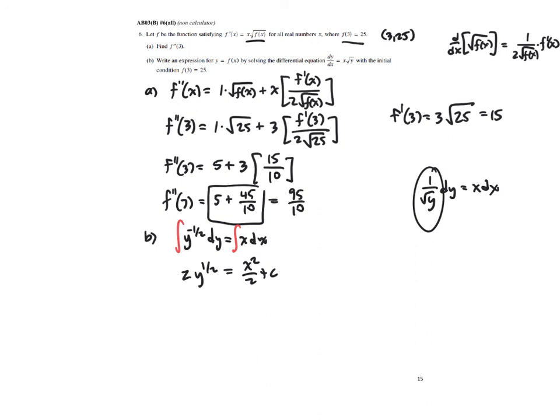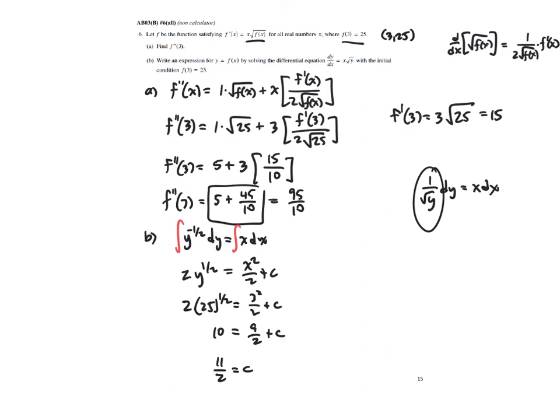I'm ready to employ my initial condition of f of 3 equals 25. So I'm going to write a 25 in here for y and a 3 in for x. This will end up being 10 is equal to 9/2 plus c. So that's going to mean that c is going to equal 11/2.